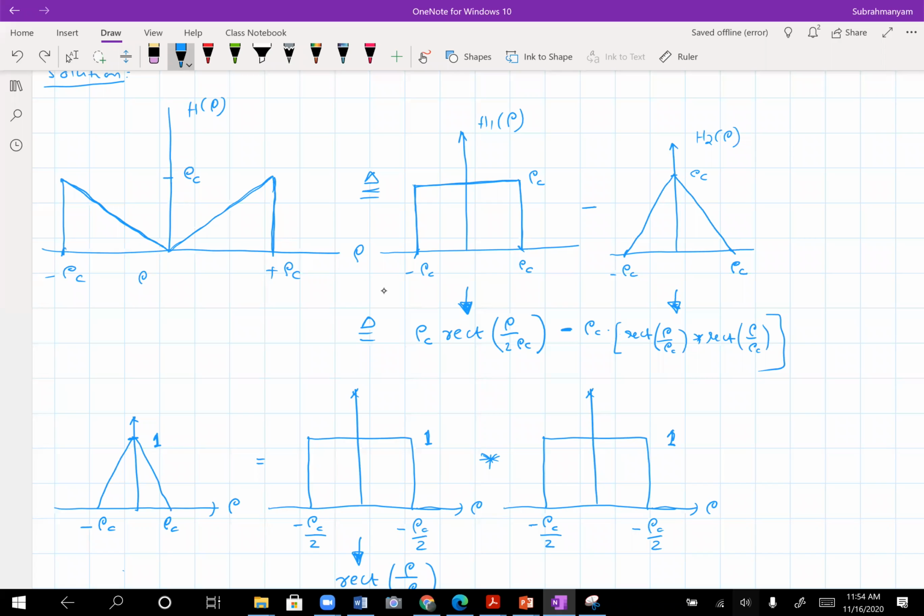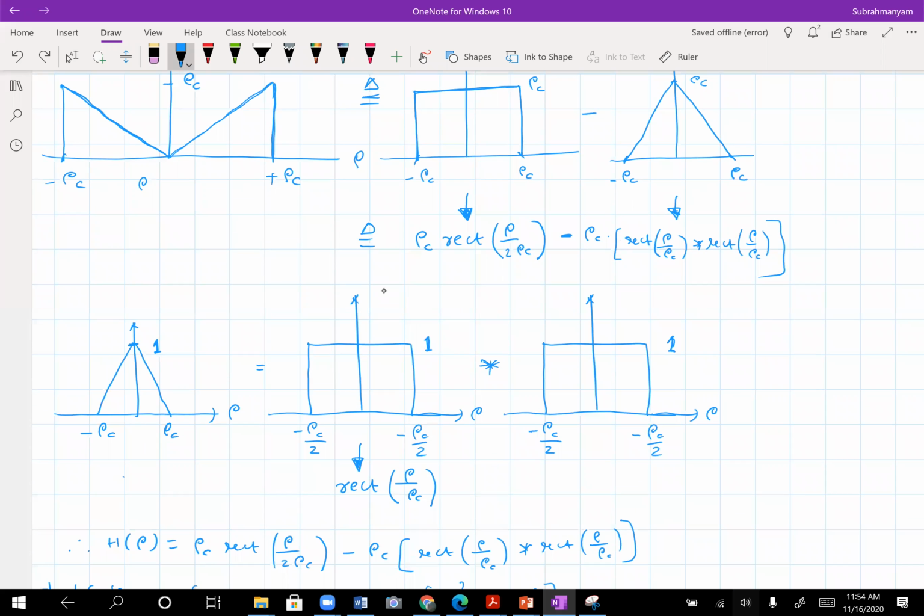Hope you all remember the rect function. By default, it goes from minus 1 by 2 to plus 1 by 2. Since it goes from minus rho c to plus rho c, you will get rect of rho by 2 rho c. Then this is the triangular function you need. How could you write this? You can write it as a convolution of two rect functions.